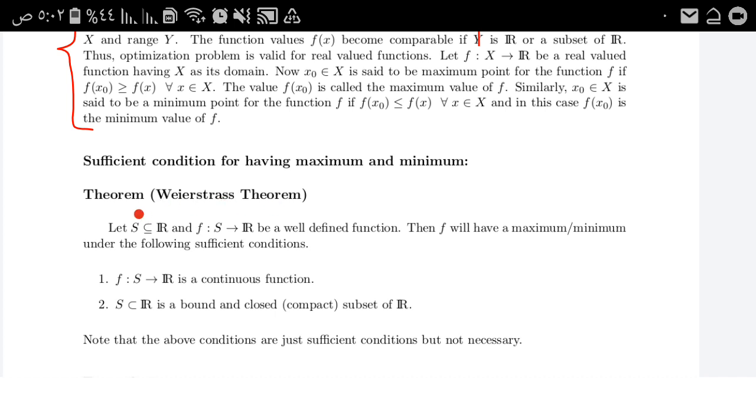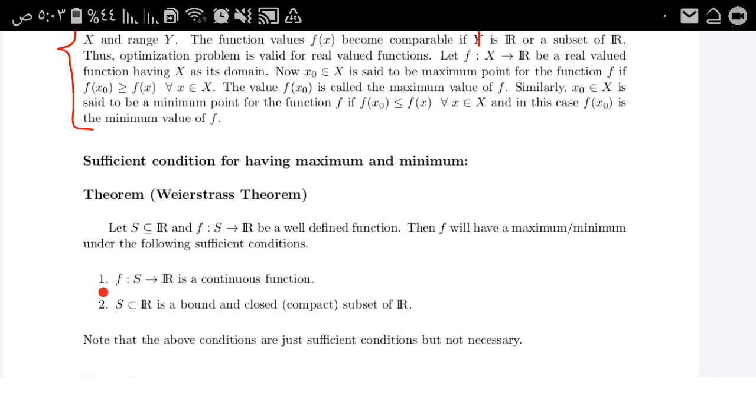Weierstrass theorem says that let S be a subset of R, and the function F be defined from S to R. Then F will have a maximum or minimum. In this textbook, maximum and minimum means absolute maximum and minimum, under the following sufficient conditions.